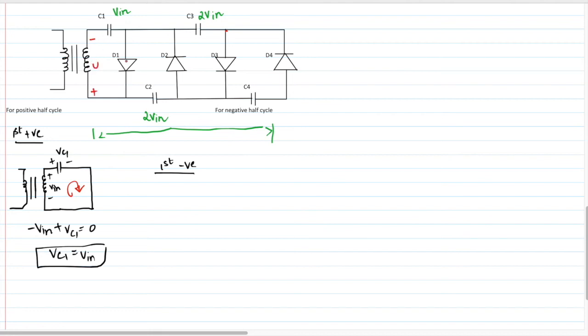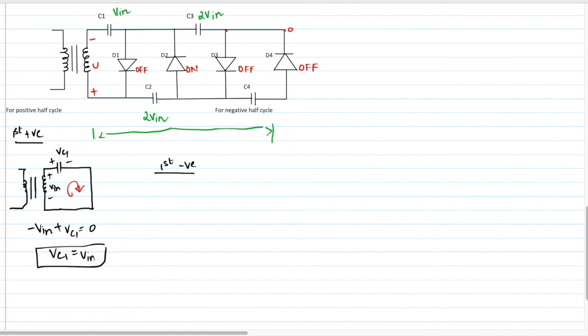Negative is applied to the anode, so this will be off. Negative is applied to the cathode, so this will turn on. Negative applied to the anode, so off. Negative applied to the cathode, this has to turn on, but this point is considered 0, so this will also turn off.